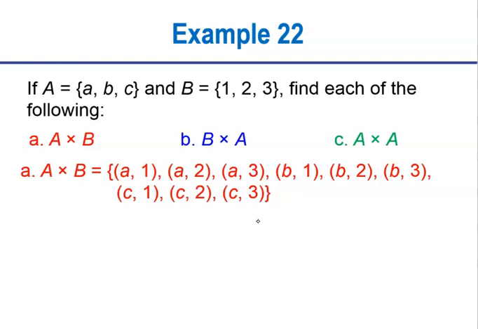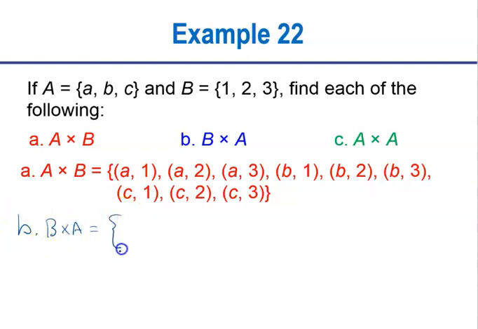It's a Cartesian product. So there's what we have listed: A1, A2, A3, B1, B2, B3, and C1, C2, C3.